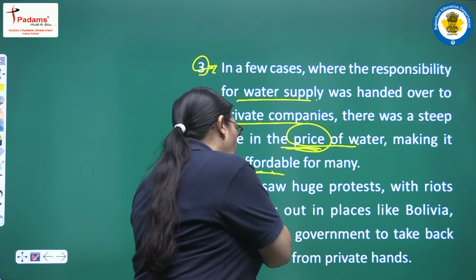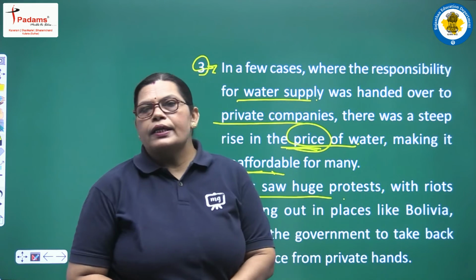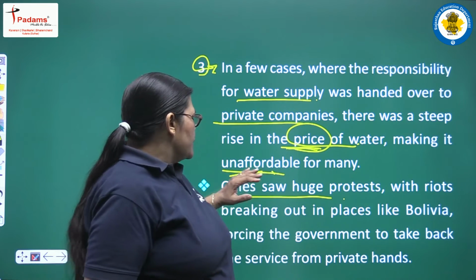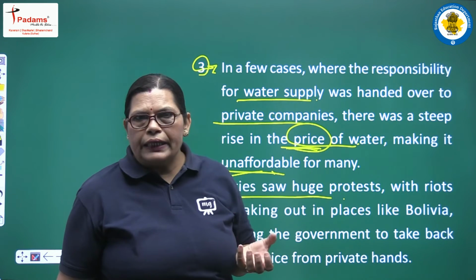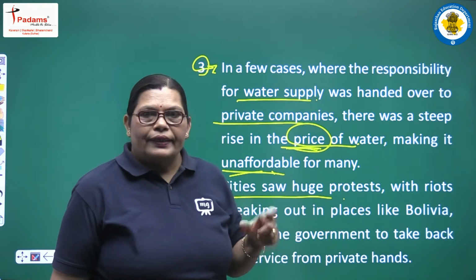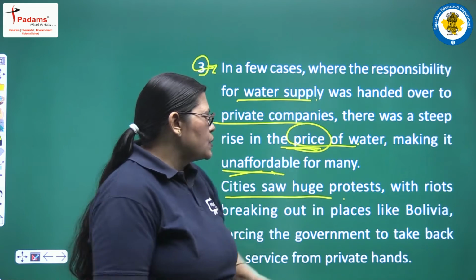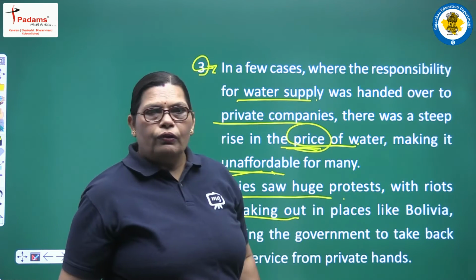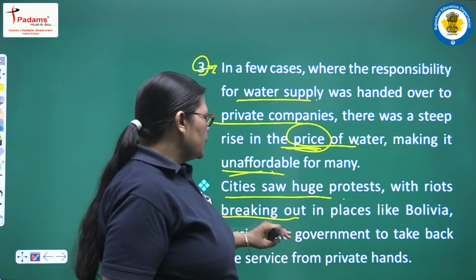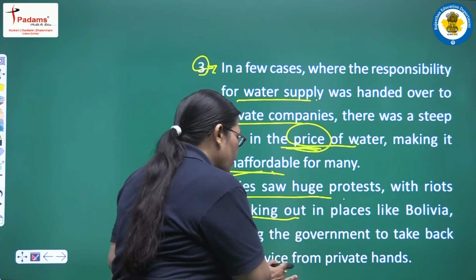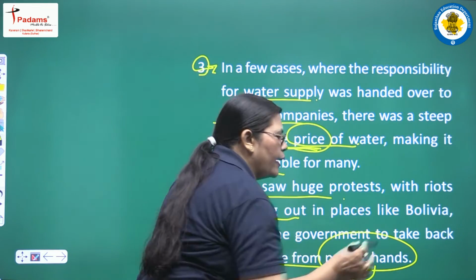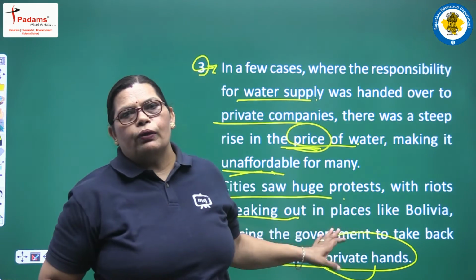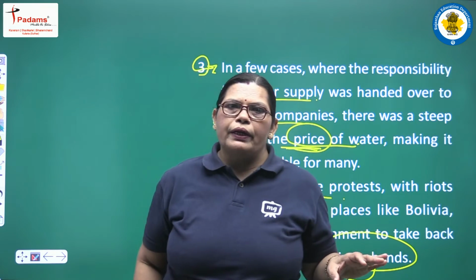When we are considering all these things, what conclusion are we reaching? Cities saw huge protests. For what? Cities saw huge protests, with riots breaking out in places like Bolivia, forcing the government to take back the service from private hands. What did the government of Bolivia do?